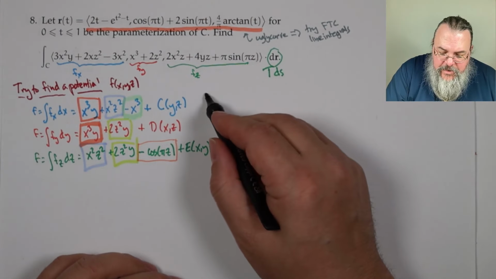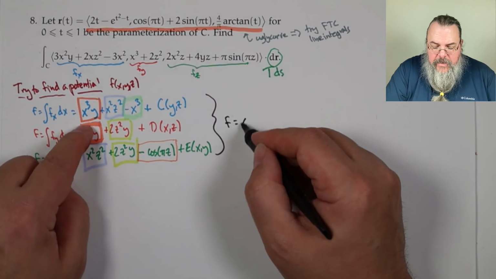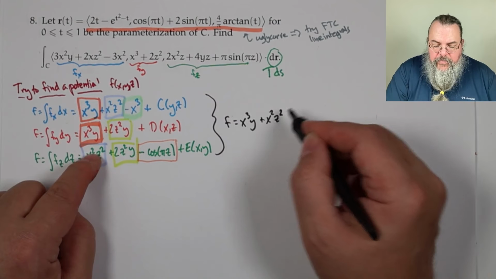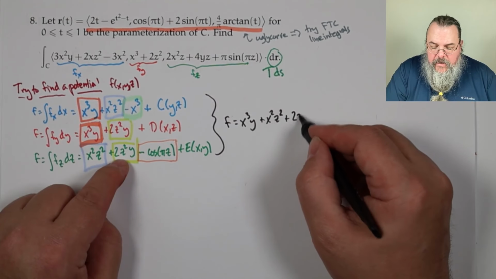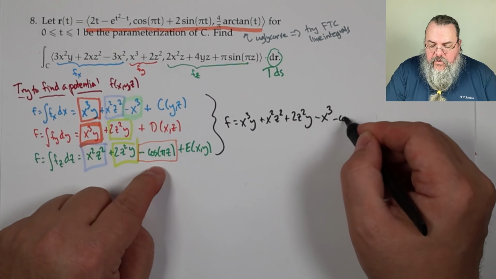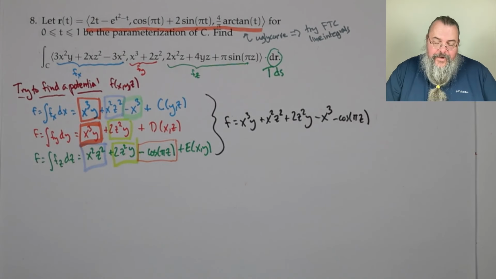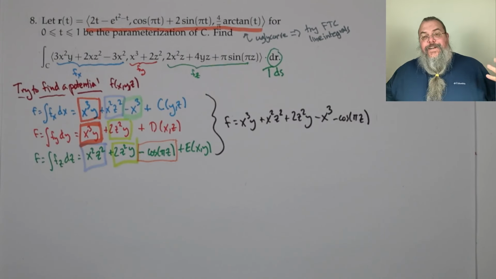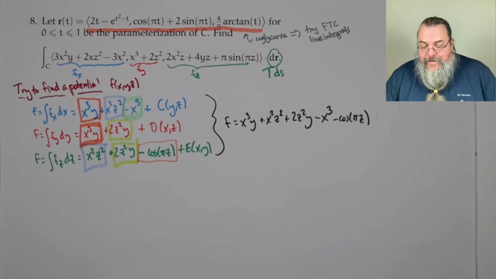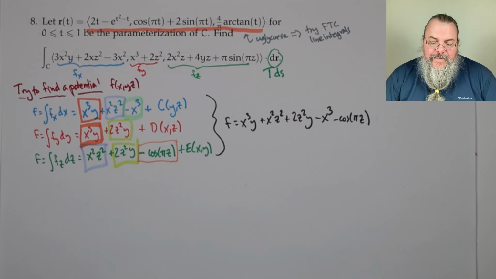Well, by putting it all together, we get f equals the x cubed y, the x squared z squared, the 2z squared y, the minus x cubed, and the minus cosine pi z. Now, this is not the only f. Actually, there are definitely many potential functions, but all other potential functions will look like this, plus a constant c. So that's the potential.